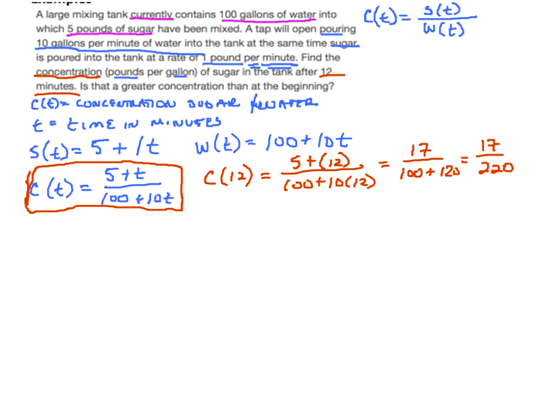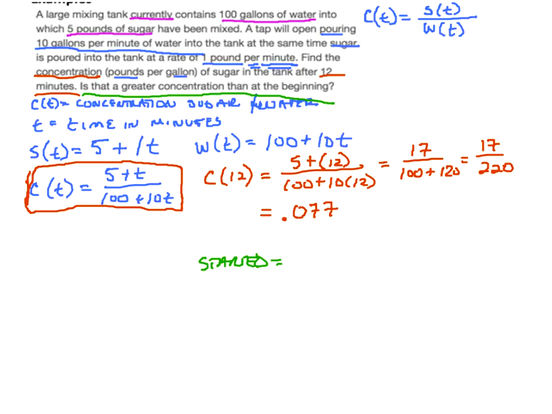What this says is, after 12 minutes, I'll have 17 pounds of sugar diluted or mixed into 220 gallons of water. We usually give concentration as a decimal, and when I do that division of 17 divided by 220, that is a concentration of approximately, so I've rounded, 0.077. So a little less than 8% concentration.